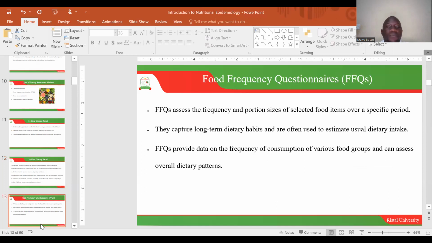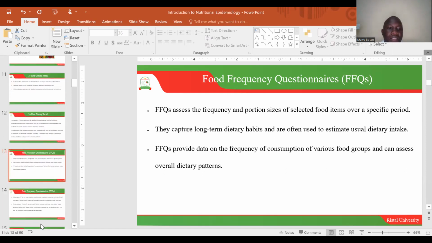So the other method, which is the food frequency questionnaire, with this, we are assessing the frequency and the portion sizes of selected foods over a specific period of time. So you basically look at the major foods that the person is likely to eat, and then look at how much they are eating, and how frequently they are eating these foods. And then, of course, you tabulate this data and understand their overall eating patterns or dietary patterns.